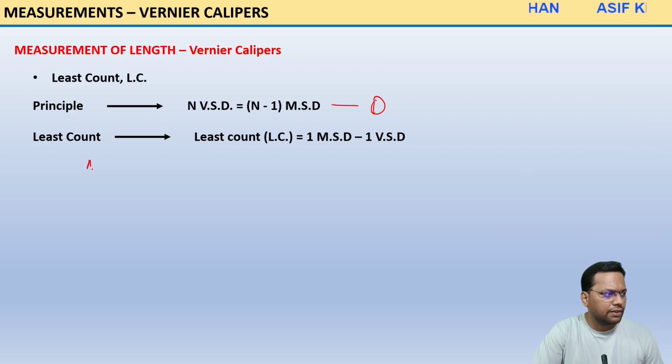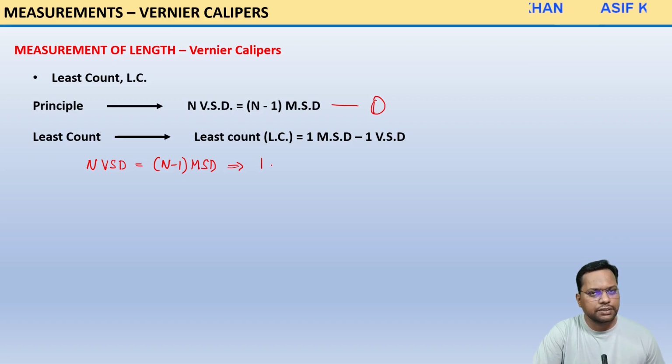We already have n VSD is equal to n minus 1 MSD. From this, we can write the expression for 1 VSD, that is, 1 VSD is equal to n minus 1 divided by n into MSD.